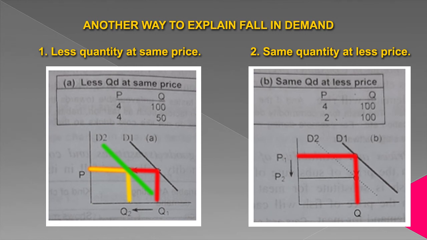Now price decreases to 2. Quantity demanded remains the same. At this point, when you plot a graph, this shows a movement towards the left, which indicates fall in demand. So we can say fall in demand means less quantity at the same price or the same quantity at less price.